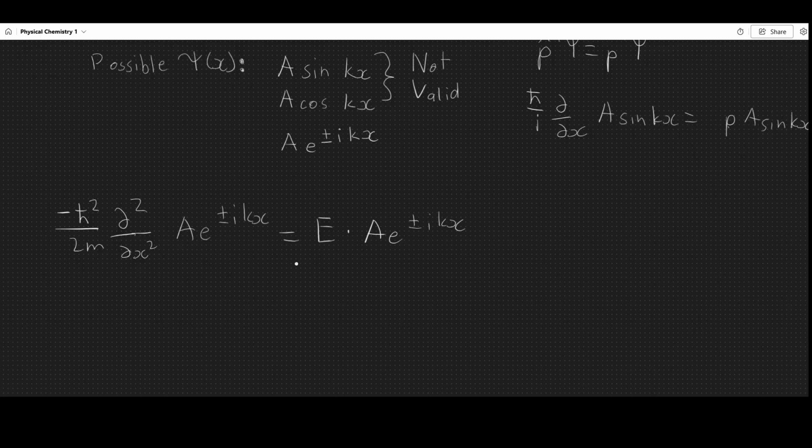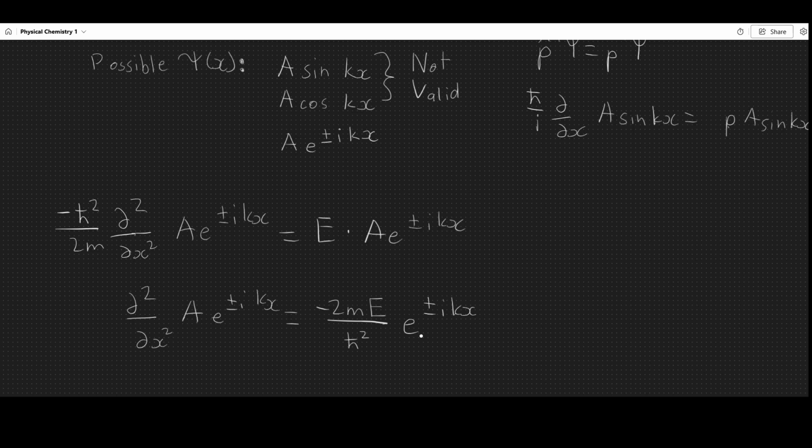I already multiplied this. It's fine. We'll just do the same thing. We'll multiply both sides by the inverse of the constants. So we should get minus 2mE over h bar squared times e to the plus or minus ikx.